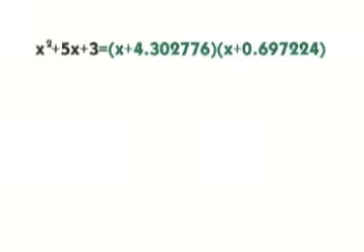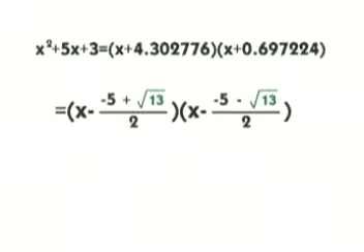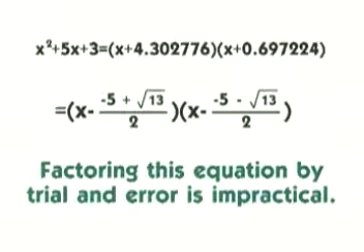The only way to give an exact factorization is to leave the square root of 13 in symbolic form in the answer: x minus negative 5 plus radical 13 over 2, times x minus negative 5 minus radical 13 over 2. You can see why factoring this equation by the trial and error methods used earlier is sort of impractical.